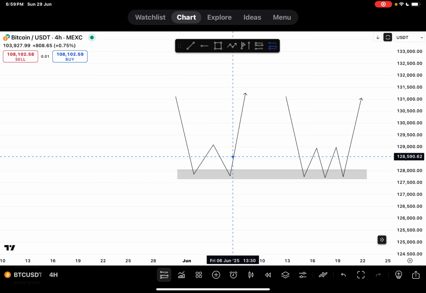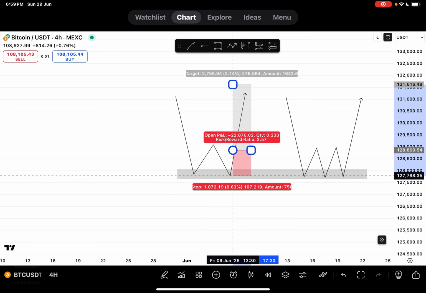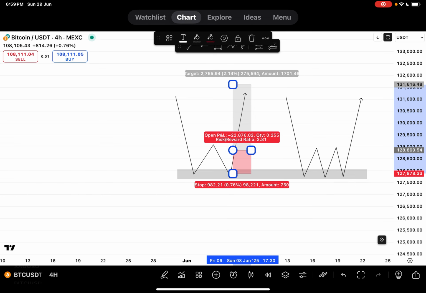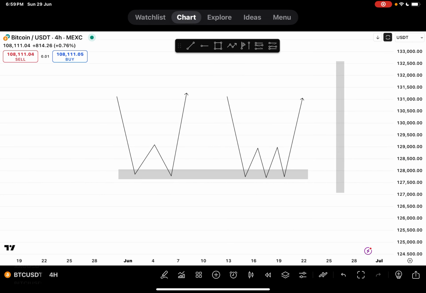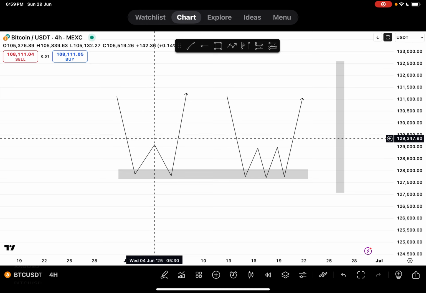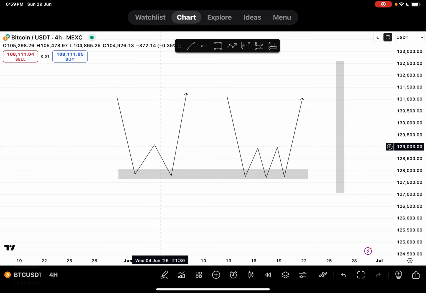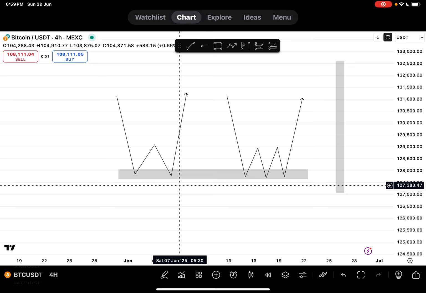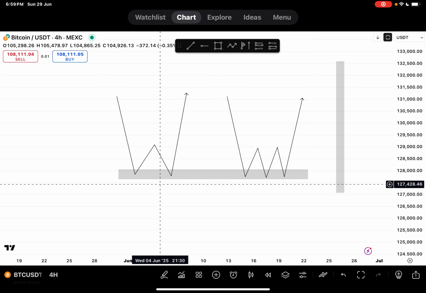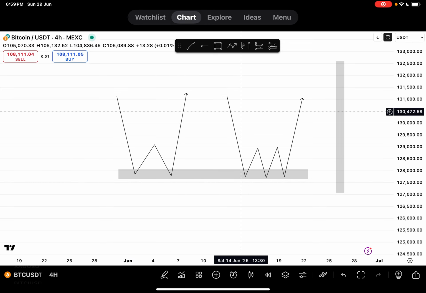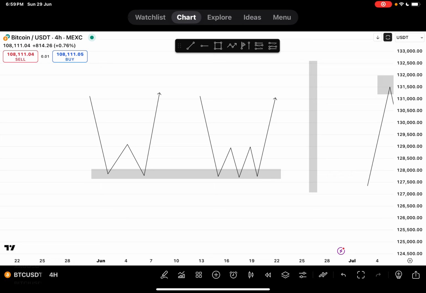So you can enter somewhere around here after a confirmation and then aim for some sort of highs, right? This is the logic behind it: buyers being collected here, and then market makers cutting their stop loss to generate liquidity.